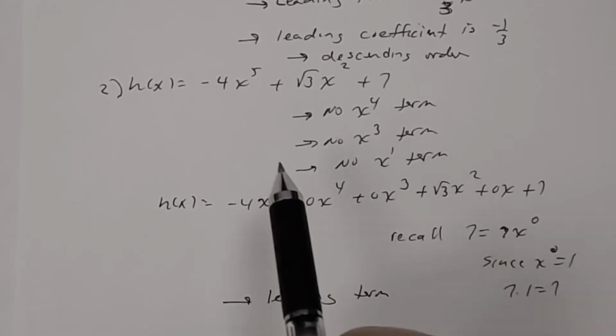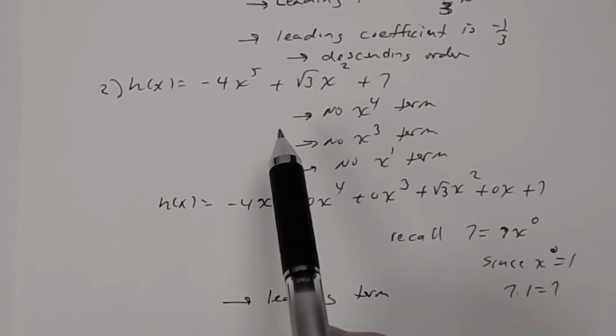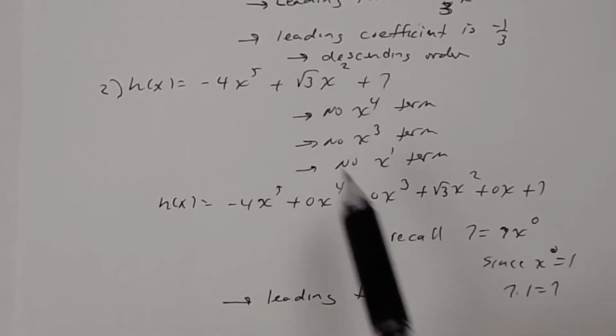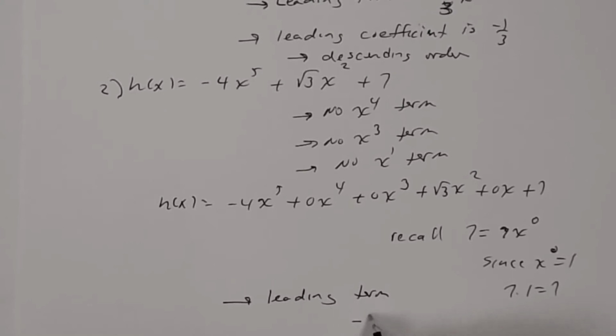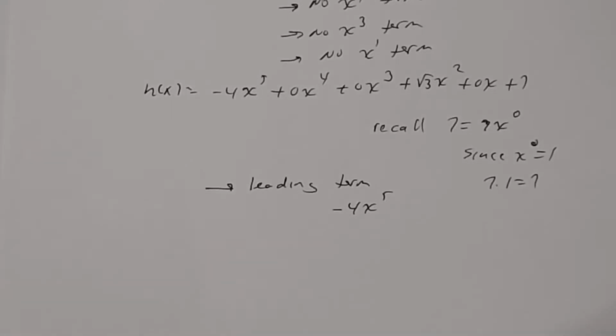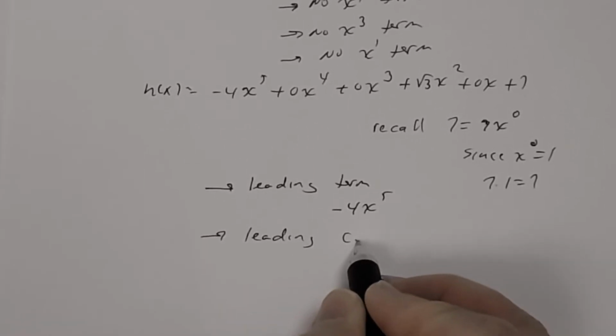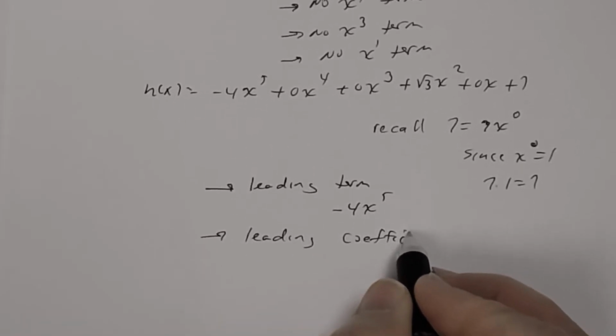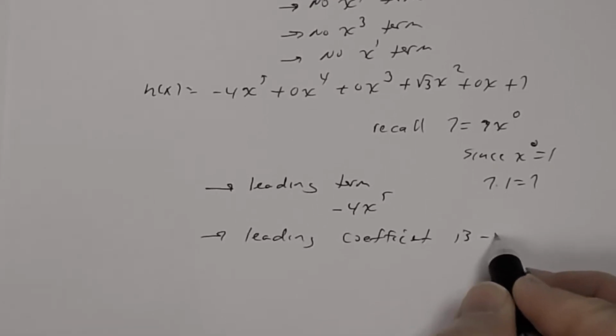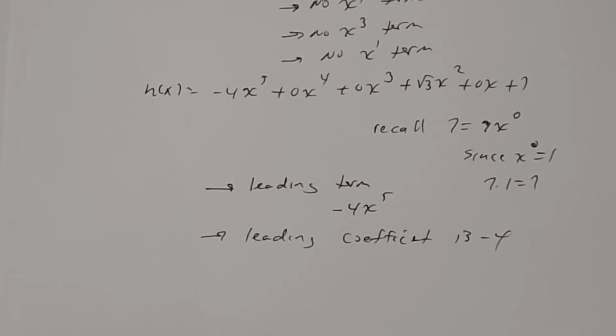All right, so which one's your leading term? That's this one, right? So your leading term is negative 4x to the 5th. Your leading coefficient is negative 4. Okay, so your leading coefficient is negative 4.